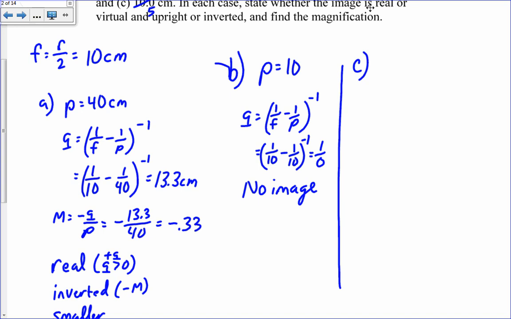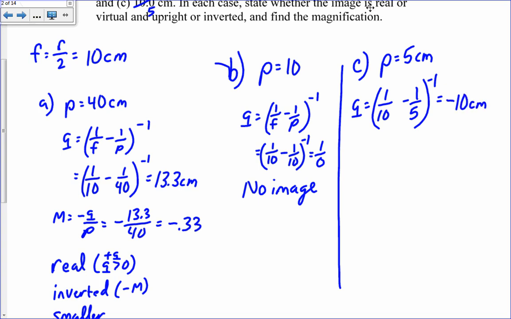And now finally, part C, when P equals 5 centimeters. That gives me an image distance of negative 10 centimeters.